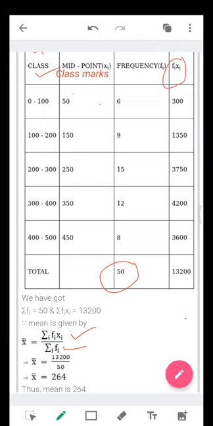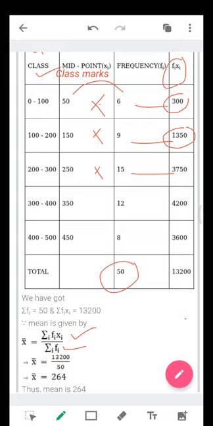So multiplying this, 50 into 6 is 300, then multiply 150 into 9, you'll get 1350. Then go on multiplying like this to get the values of fi xi.